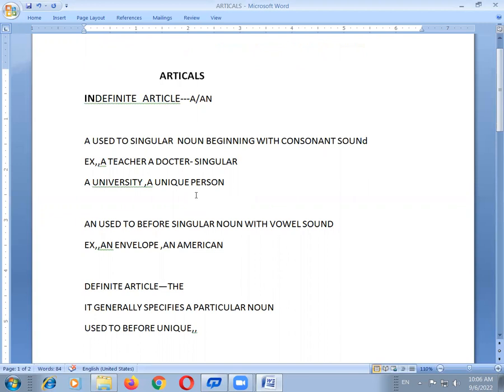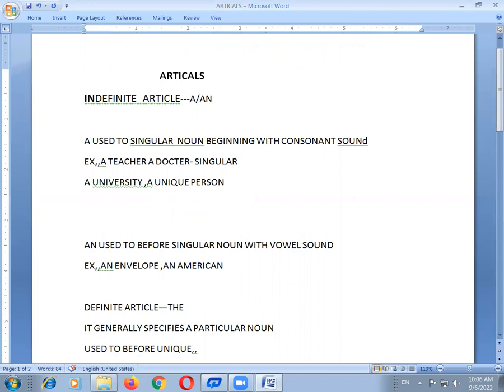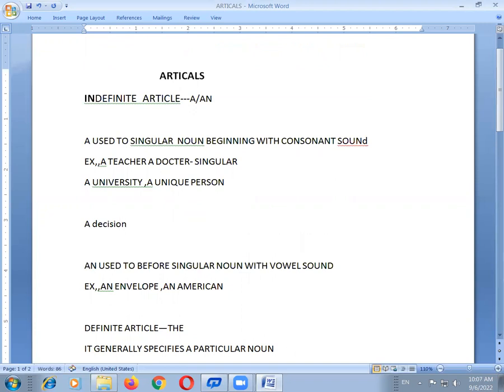The indefinite article is used before a singular countable noun in a general sense. For example, a decision. Another use is in the sense of the same, or one.